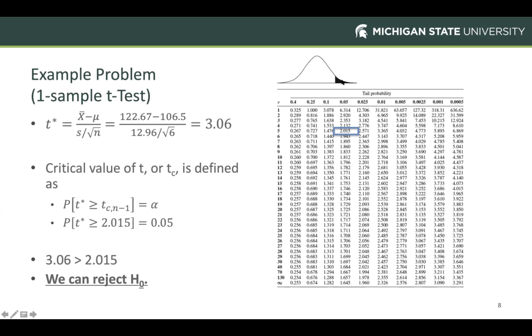So we'd be looking at plus or minus 0.025, so that 2.571 value in either extreme. Or if for some reason we thought fatalities would go down, we would be looking at the bottom side of this distribution. And just like the normal distribution, the t is symmetric. So in that case, we would just be looking as to whether or not our calculated statistic was less than negative 2.015. Okay.